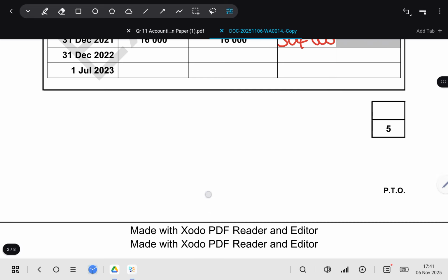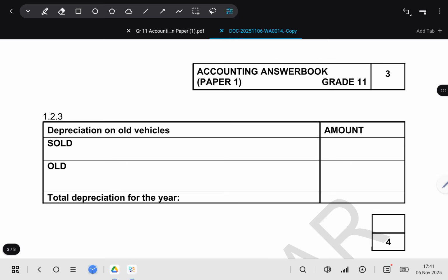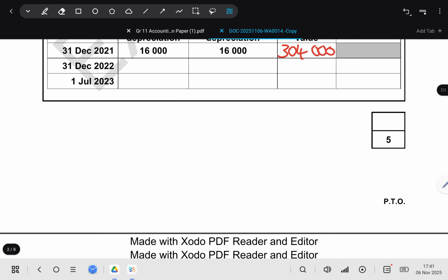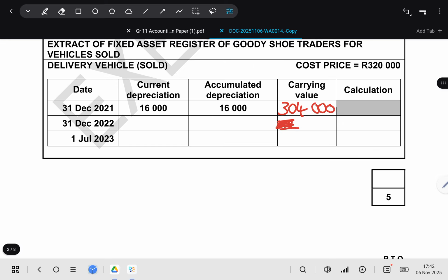But also here they showed you how, so it's fine, you can only show the last year here. Now to do our current depreciation, we are going to calculate on this carrying value, because they are using the diminishing balance method. I'm not going to use this part because I don't have enough space, so I'm going to continue on.